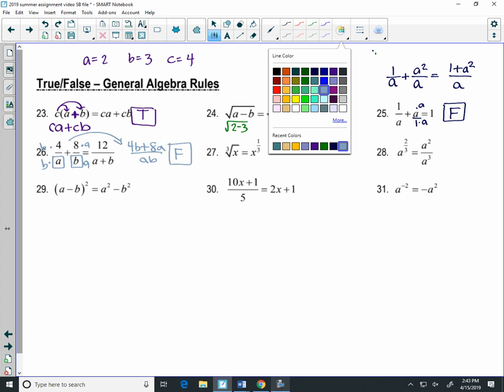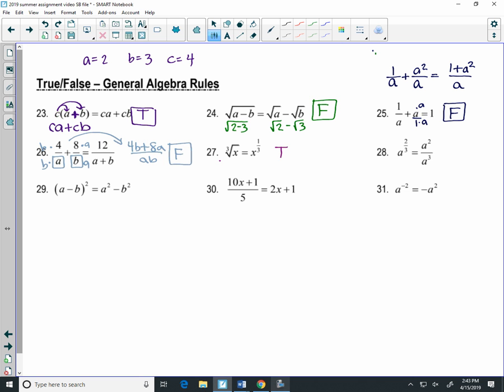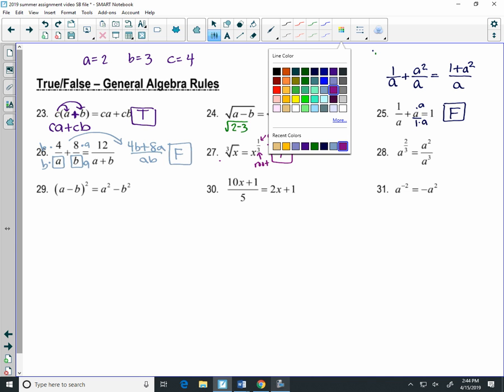Here's a quick exponent rules problem. Hey, cube root is the same as to the 1/3. Absolutely. Right? The bottom is your root. The top is your exponent. A to the 2/3 is the same as A to the 2nd over A to the 3rd.